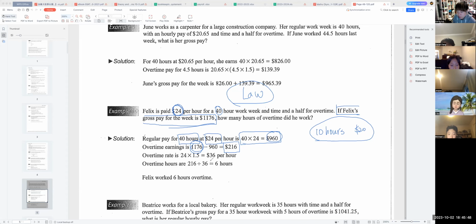The additional hours, we're going to pay him more because he works really hard. So the government says you are going to pay your employee 24 times 1.5, which is $36 per hour, when you work over 40 hours. Do you understand this sentence?